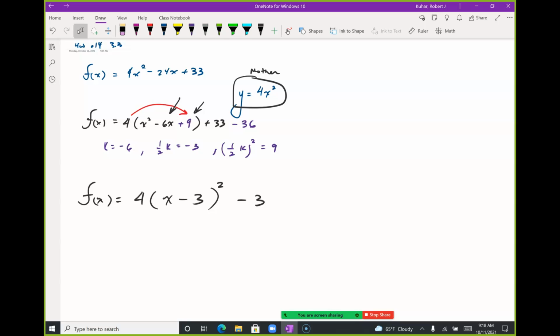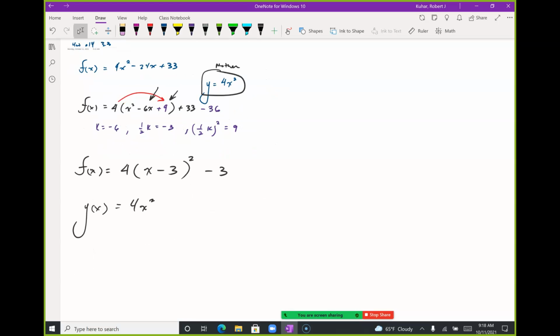And obviously, if g of x is 4x squared, I've moved this graph where? 3 to the right and 3 to the bottom. Exactly. So f of x is g of x minus 3, all minus 3.